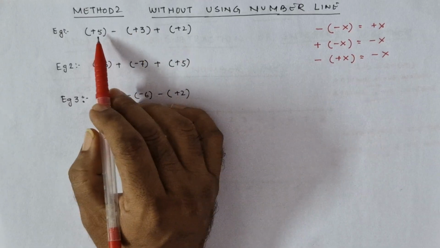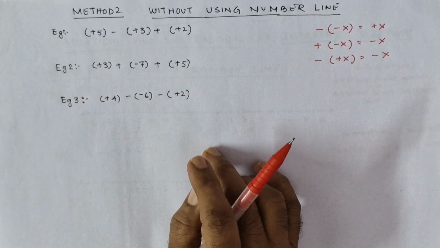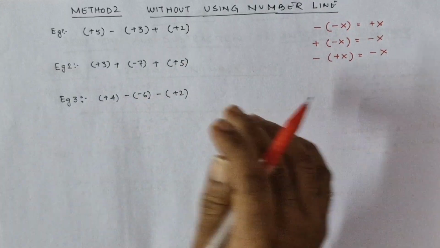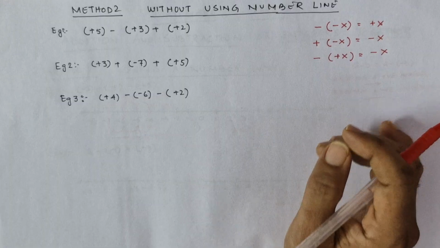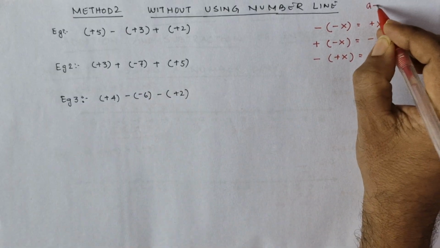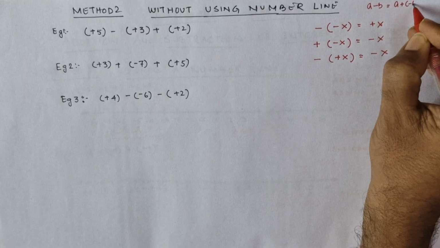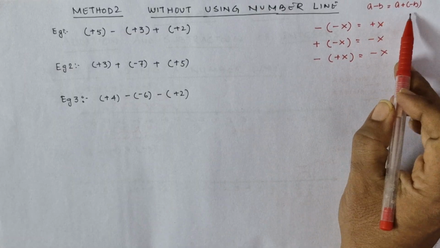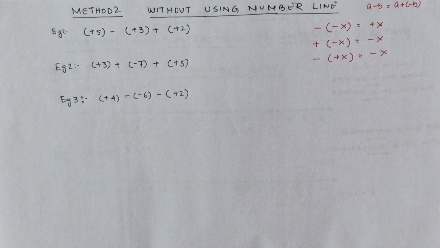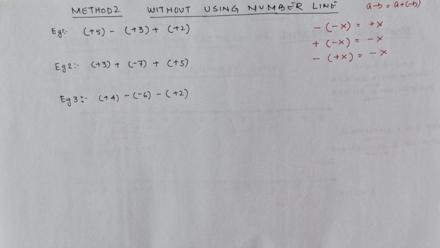If there are 2 numbers we are adding or 2 numbers we are subtracting, what you need to do in those cases is convert a minus b, that is, convert the subtraction into addition. Now once you have converted the subtraction into addition, then you can follow the rules of addition. What are the rules of addition?